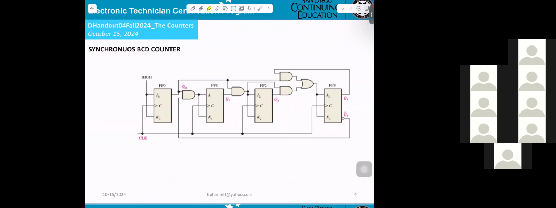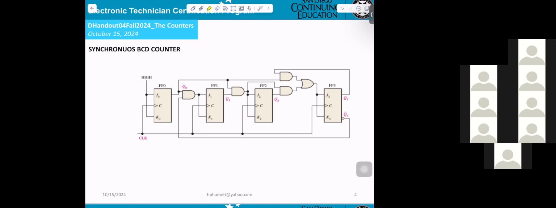So you understand the difference between ripple and synchronous. On ripple, the input goes into the first JK, the first 7476, and then its output goes directly into the next clock, that is the next 7476, and so on.